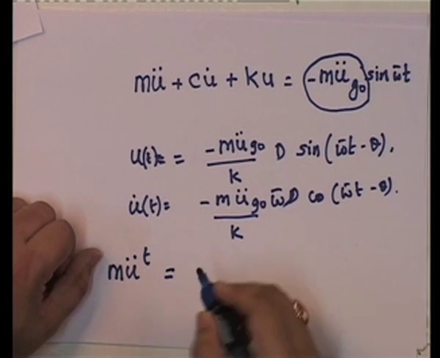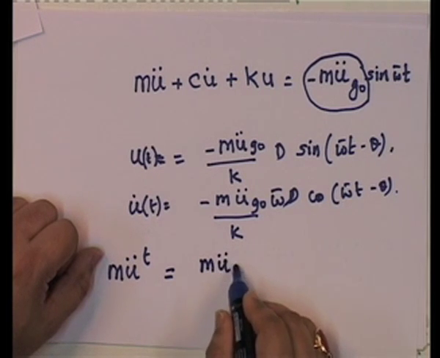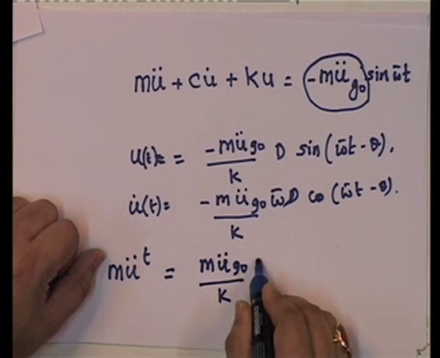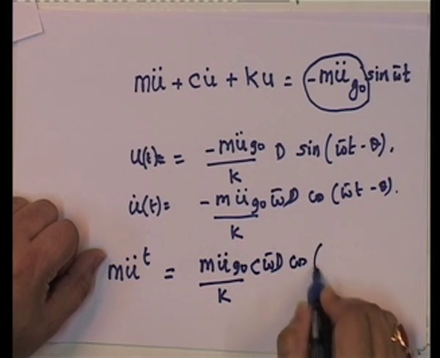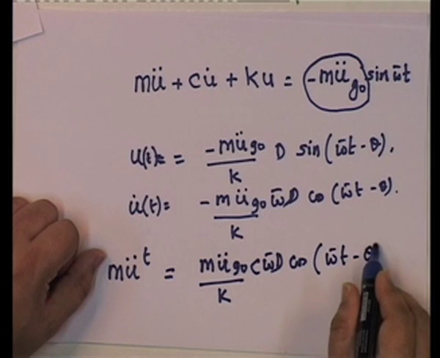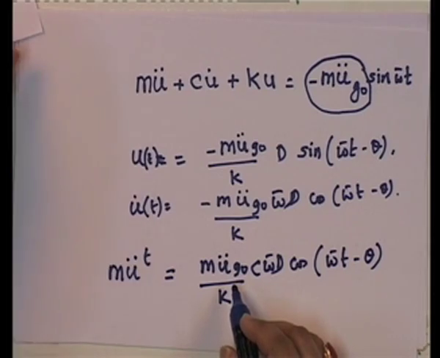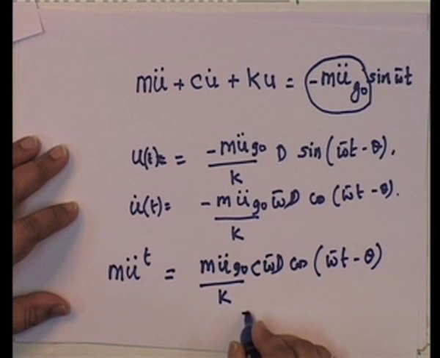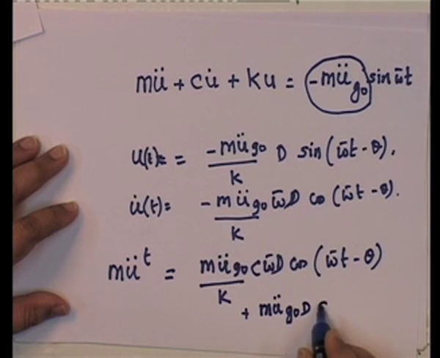So, it becomes essentially m u g 0 upon k c omega bar d cosine omega bar t minus theta, right. Then minus k u. So, this will be minus this. So, this becomes plus again, plus m. K and k cancel each other out. So, this becomes this into.